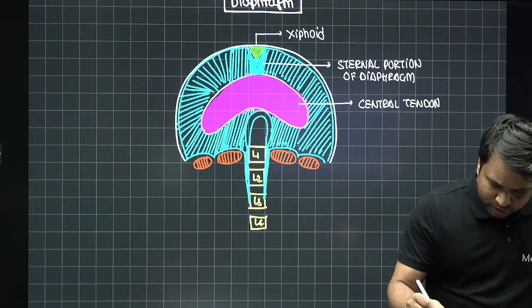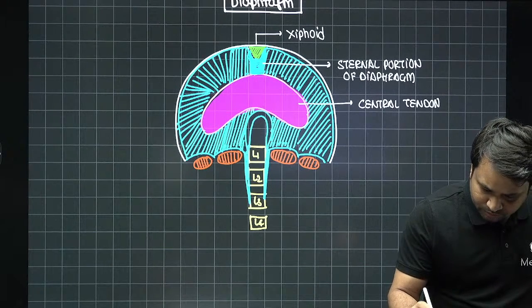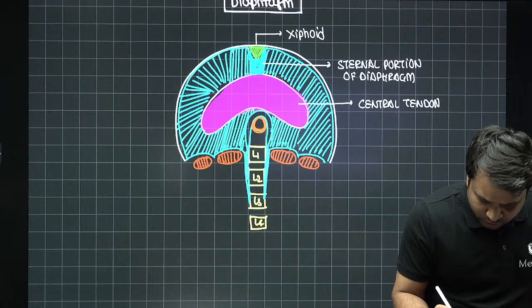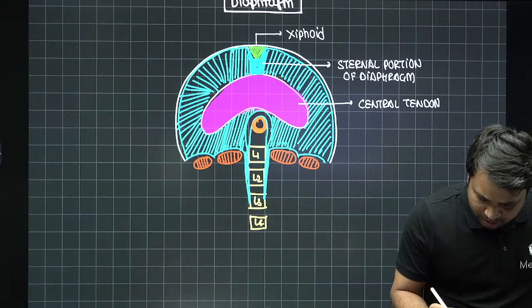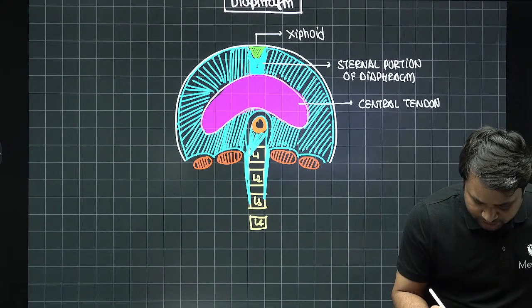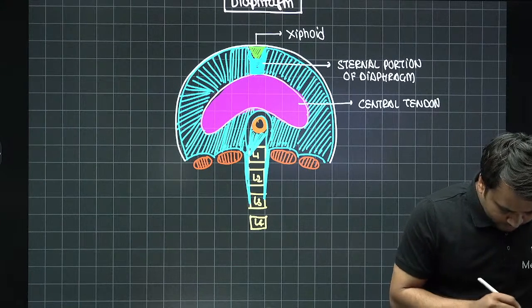Now you would notice here across, this will have a lumen that is going to be for the esophagus, and the crus is going to cross over a bit. So this is the esophageal hiatus that is created, and just under this you have the aorta.